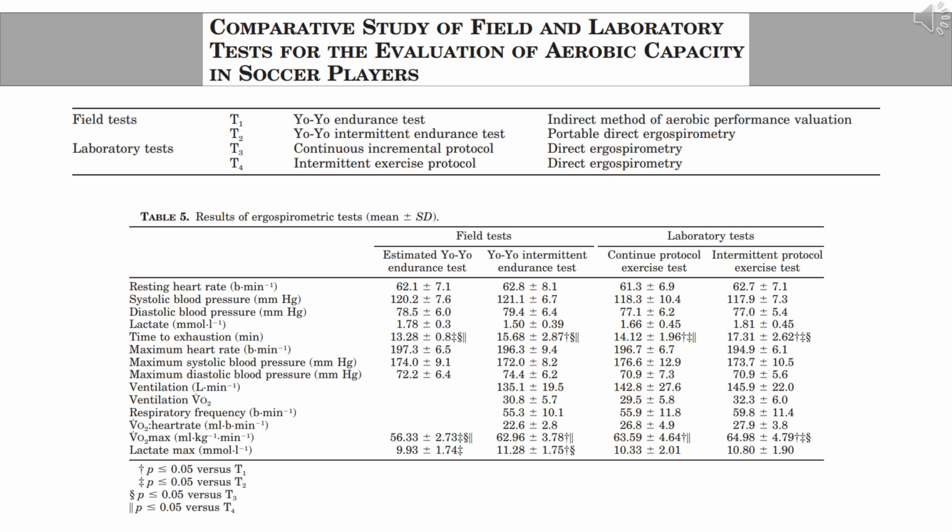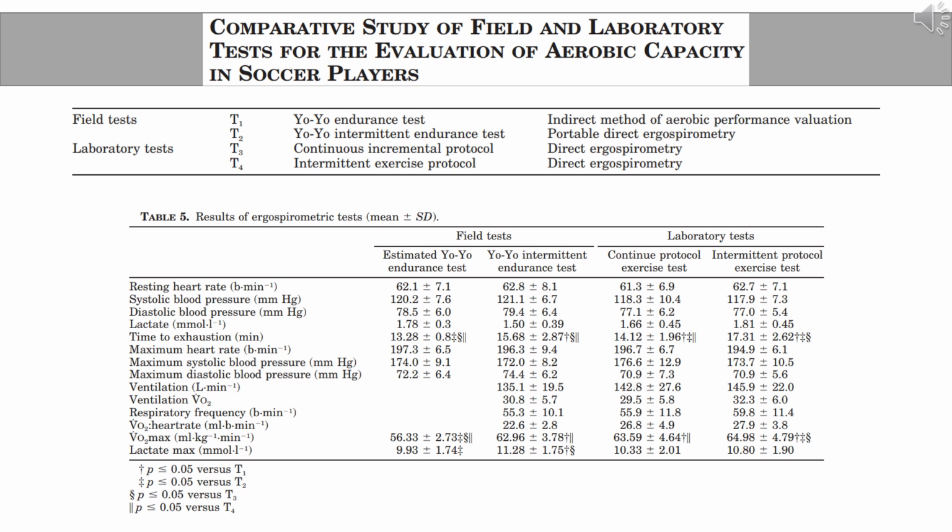I think another factor that probably gives the intermittent version of the test an advantage over the original endurance test is also that because it's intermittent, that means it probably reflects the movement patterns of the game better than a longer, slower endurance-based assessment. But also practically speaking, it will also take less time. And if it takes less time, that means that the athletes are then exposed to less distance and less load during that assessment as well.